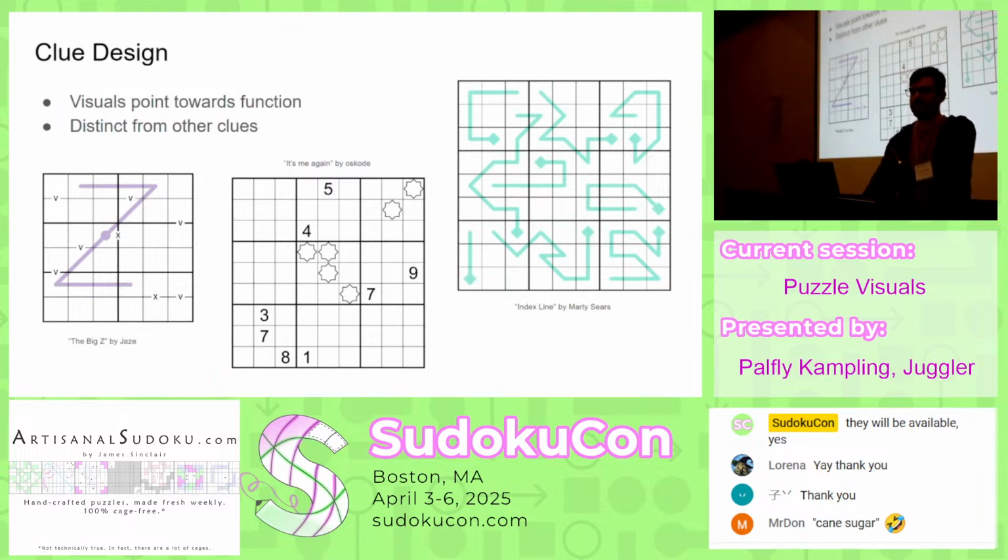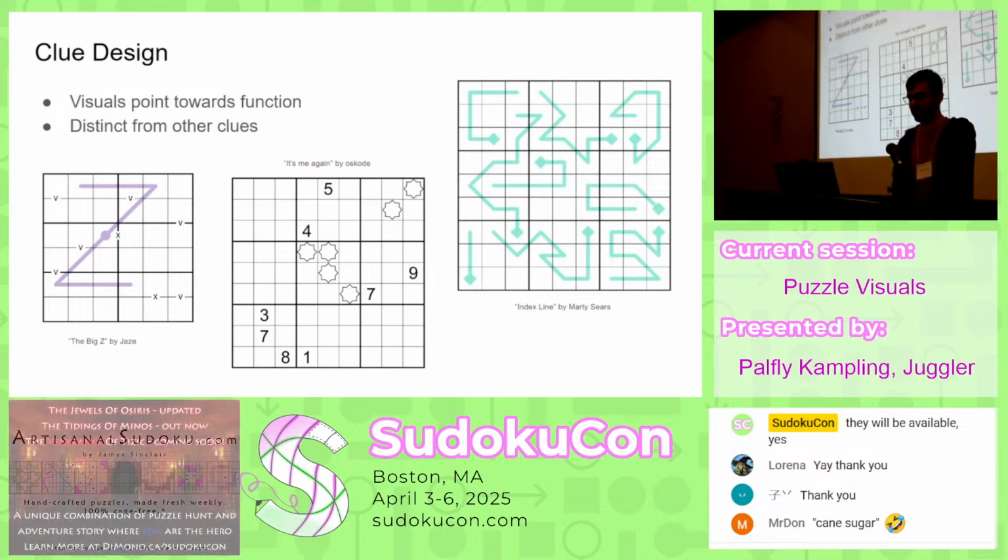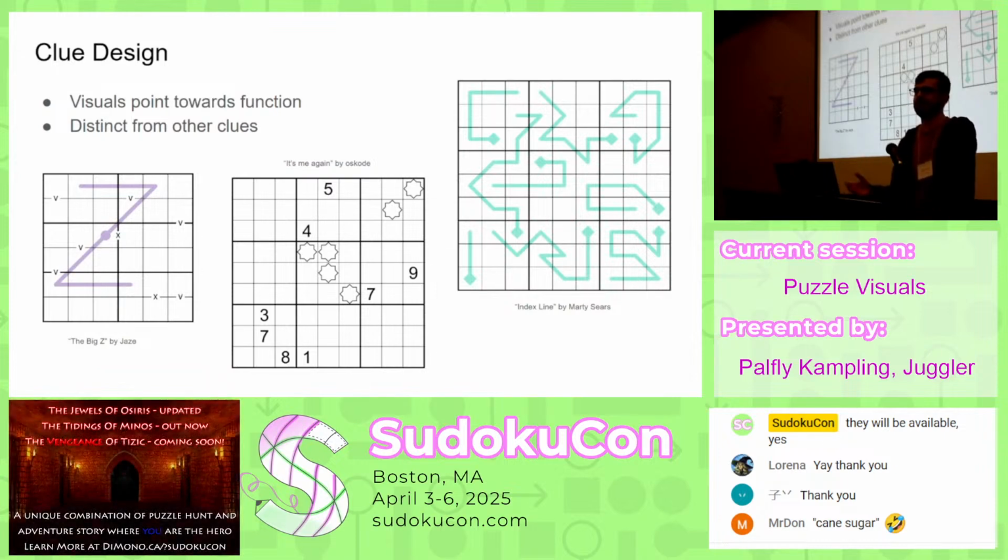And similarly, in the second puzzle, the constructor could have used circles or squares, like many people do in puzzles, but they specifically made 8-pointed stars for pointing at the diagonals and at the rows and columns, even though the rows and columns aren't necessary in this case, but it still works.